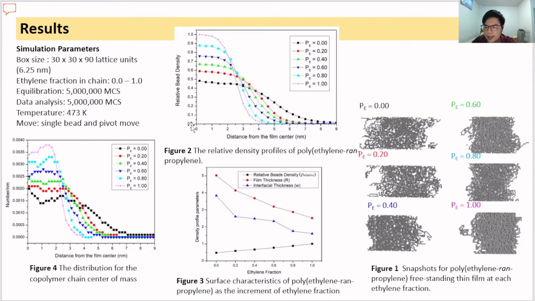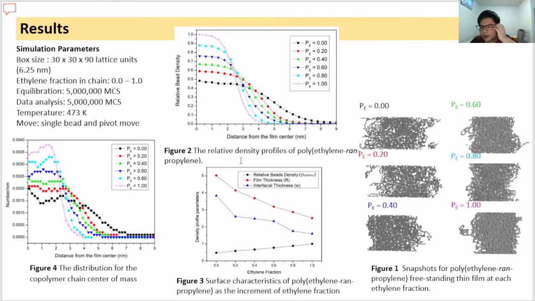Figure 2 is the relative density profile as a function of distance from the midplane of the film. The density in the bulk region is relatively constant but significantly drops near the surface. The profile becomes denser with a sharper surface for higher ethylene content.